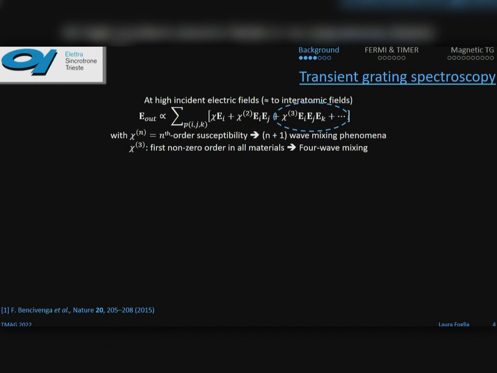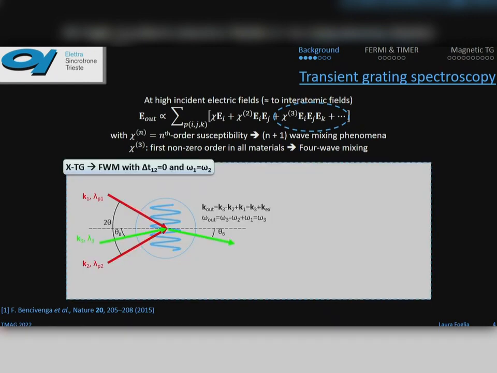So what is transient grating? Well, transient grating is the easiest spectroscopy you can think about when looking at third-order nonlinear optical interactions. And those are the interactions that occur in all kinds of materials independently of their symmetry, and it's called four-wave mixing. In the case of transient grating, you have 2 laser pulses that have the same frequency that interact on the sample, interfere, and create a standing wave.